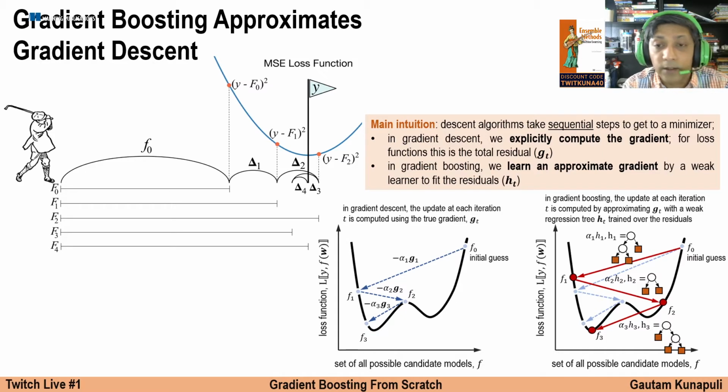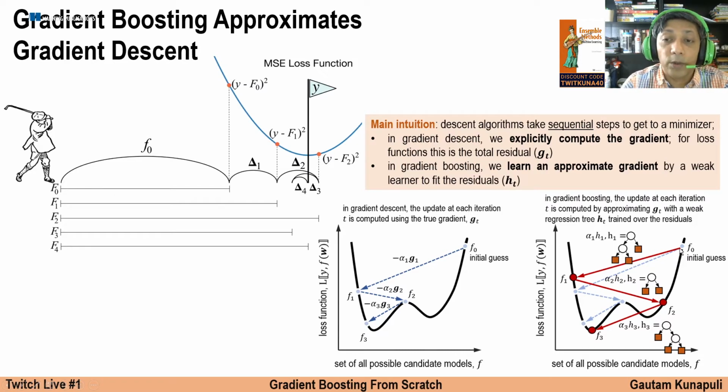So what this lets us do is, here, if you replace the true gradient with this thing that we've learned, the final model that we have, F3, is really going to be, if you backtrack from here, this H3, which is your approximation here, plus H2, which is your approximation here, plus H1, which is your approximation here.